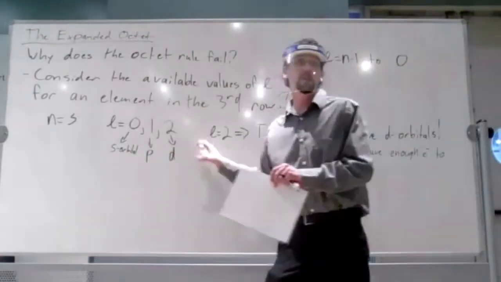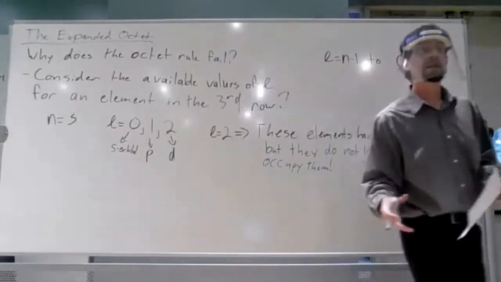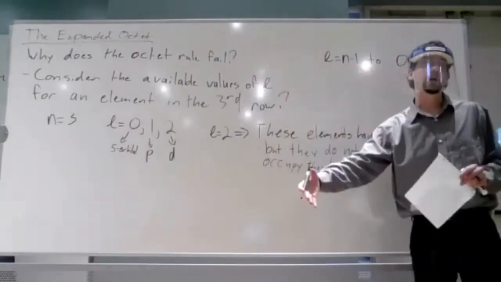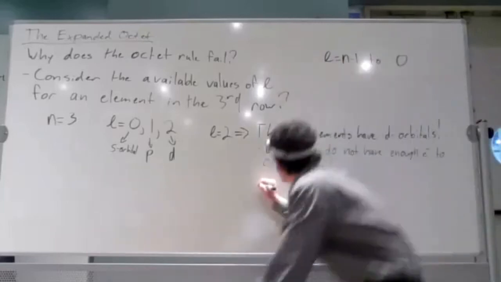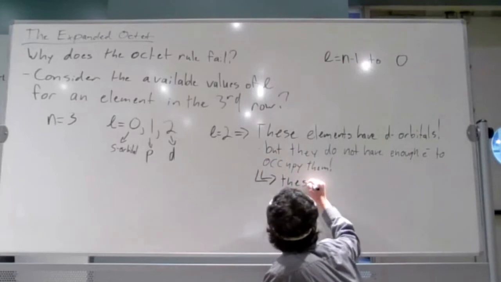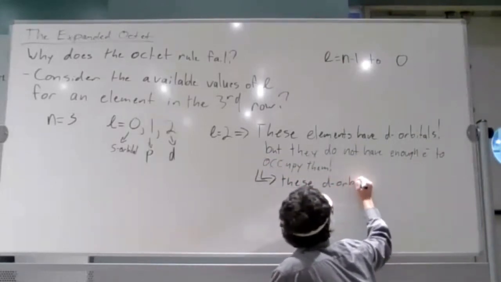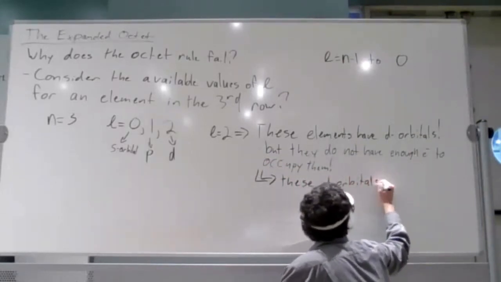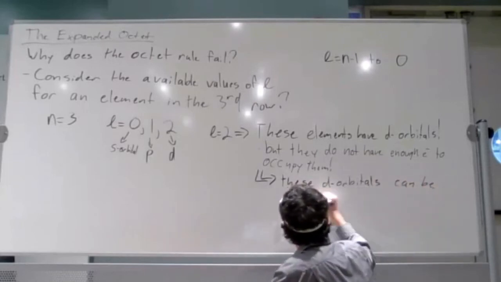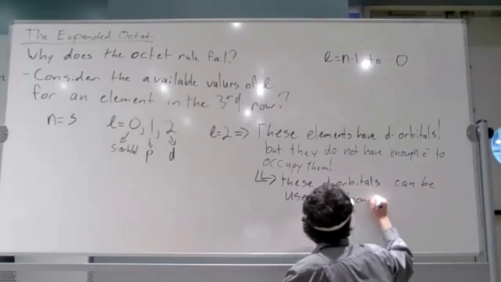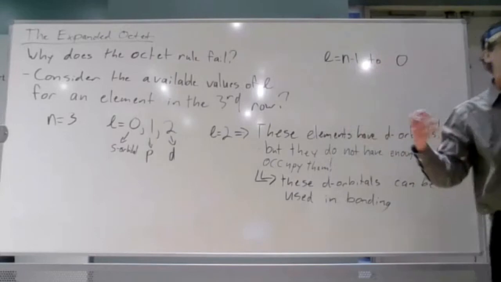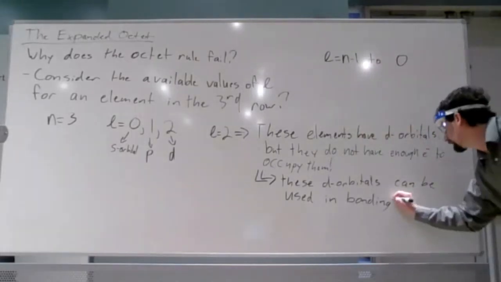However, these empty d orbitals can be utilized in bonding. So you can use these empty d orbitals to accommodate more electrons. So these d orbitals can be used in bonding, so they can accommodate more than 8 valence electrons.